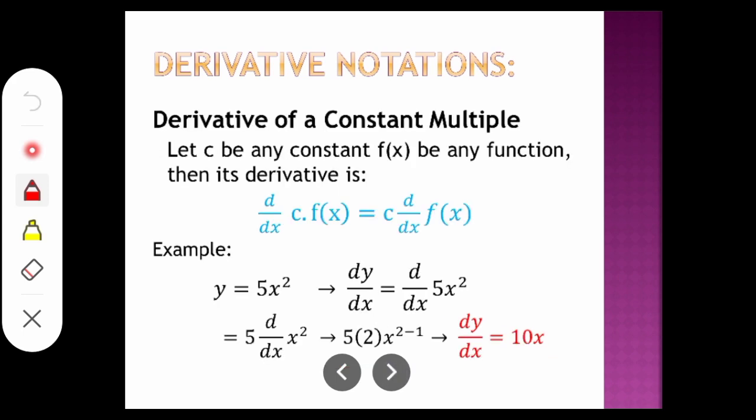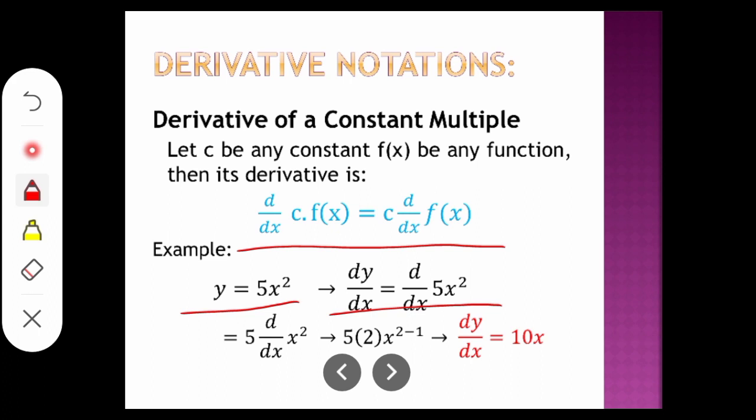The next one is the derivative of a constant multiple. For any constant c and any function f of x, its derivative is d with respect to x of c times f of x equals c times d with respect to x of f of x. For example, y equals 5x squared.